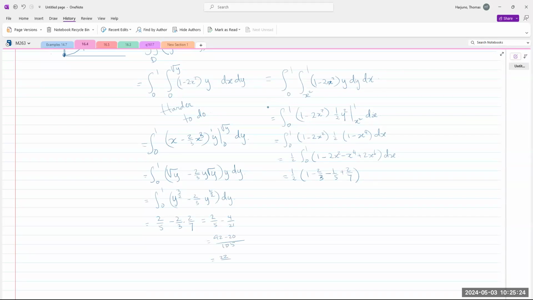That's 22 over 105. Let's see what I have here. The LCD is 105. So this is 105 minus 70 minus 21 plus 30.